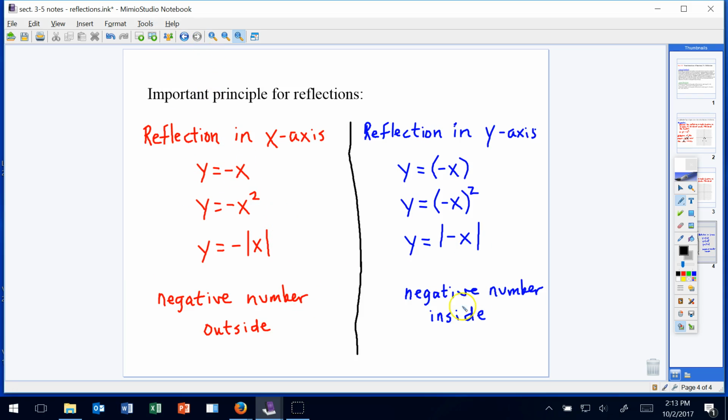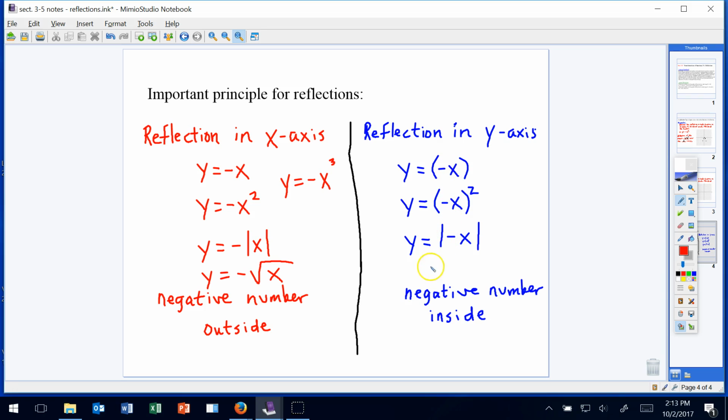Here are some other examples, and let me just add to this list because there are some other parents. All of these represent flips or a reflection in the x-axis. The key is the negative number is outside when there are grouping symbols or radical.